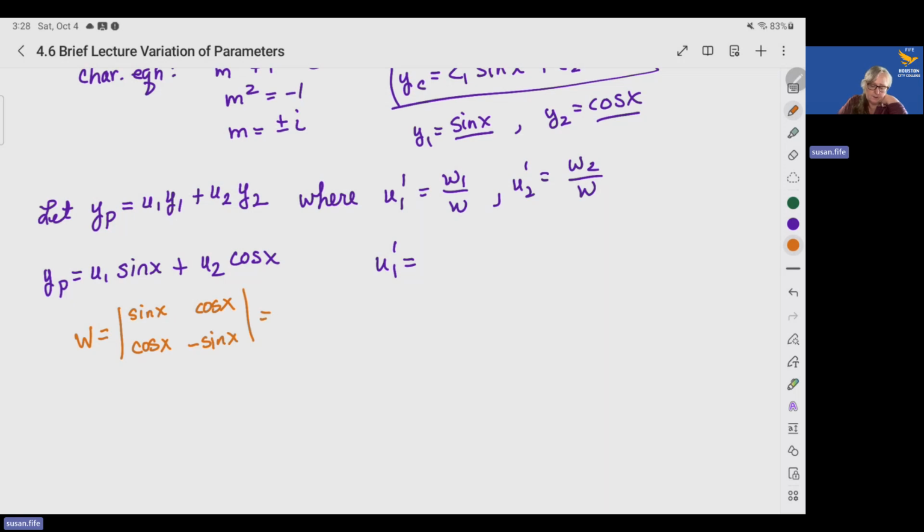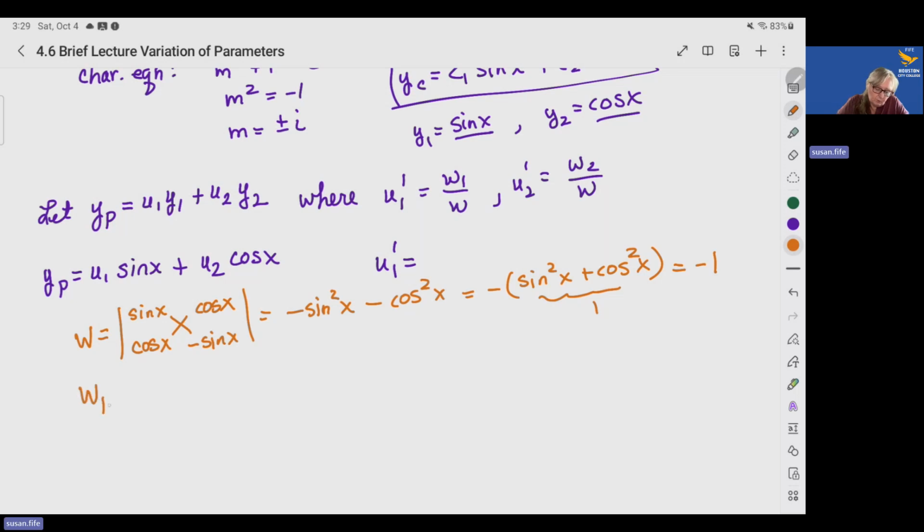When I calculate those, I get negative sine squared x minus cosine squared x. I can factor out a negative, and that'll give me sine squared x plus cosine squared x, which is our Pythagorean identity. That's equal to 1, and that gives me negative 1. So w is negative 1.